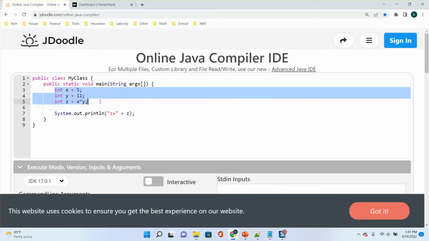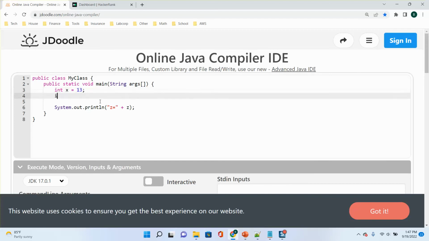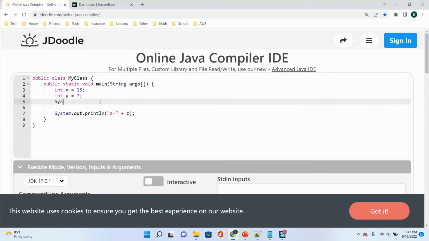The following code is very tricky. Let's say x equals 13, y equals 7. Now I print out x equals x, comma, y equals y.